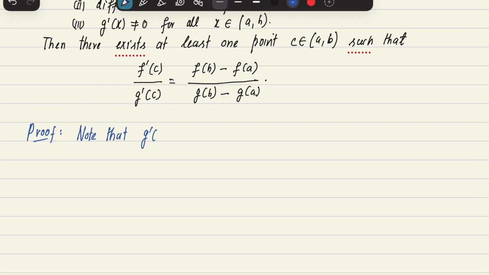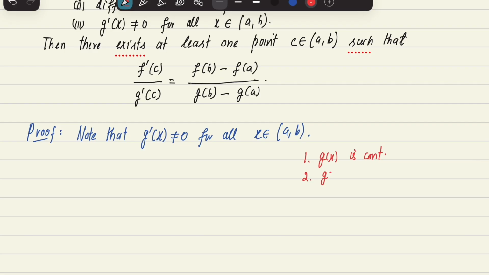First of all, we note that g dash of x is not equal to 0 for all x belonging to the open interval a comma b. Now let's try to look at the function g of x in terms of Rolle's theorem. The first condition of Rolle's theorem: g of x is continuous.